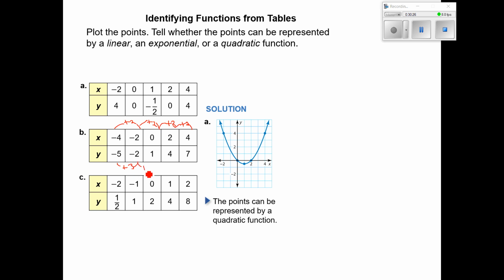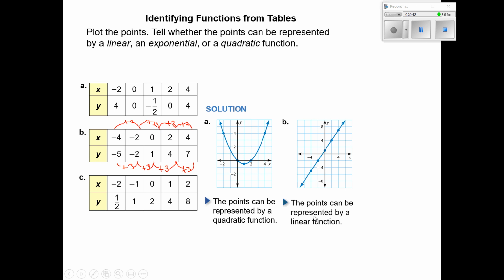Once again, we're adding 3, adding 3 again, and adding 3 again. So this is constant rate of change. That tells me this is a linear equation. Linear. All right, the points can be represented by a linear function. All those points make a straight line.